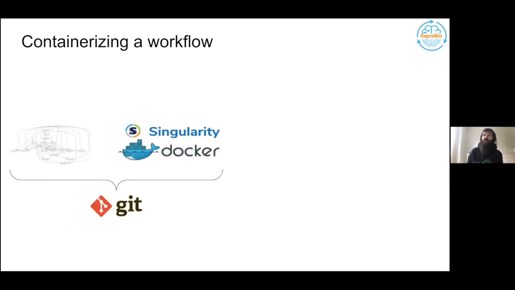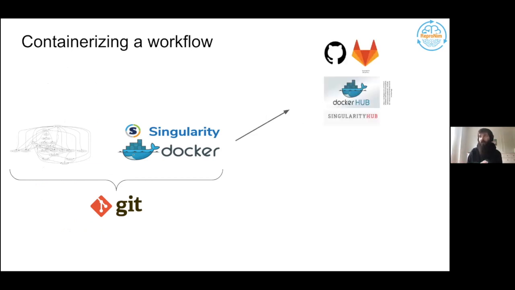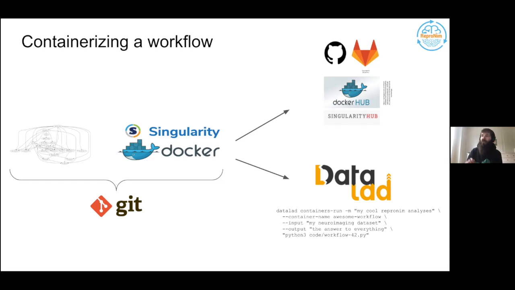So to summarize a bit, place your workflow and your containers created through NeuroDocker under version control, build a connection with the hubs and version control repositories for automated builds and continuous integration testing, and use DataLad containers where, comparable to any other DataLad run command you would do, you can now actually link and add a specific container, a workflow and a version of it, to a dataset, and then tell DataLad, please run that container.